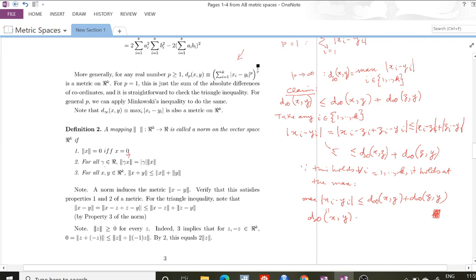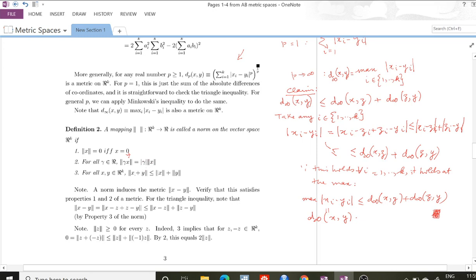Right. And then the second property is that if you scale a vector by a scalar gamma and then take the distance of gamma x from the origin, that's just going to be the distance of x scaled by the absolute value of gamma.